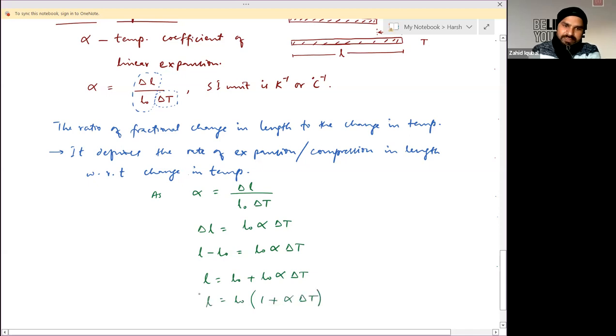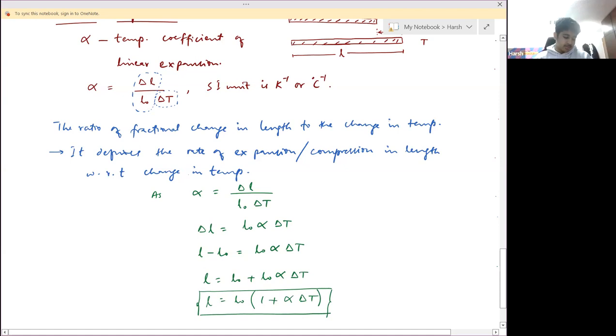This is your final expression for the length at any change in temperature delta T. Is it clear? Yes, sir. Okay, just write it down.